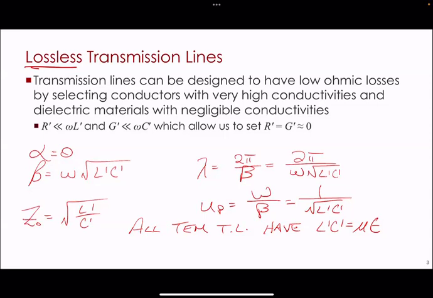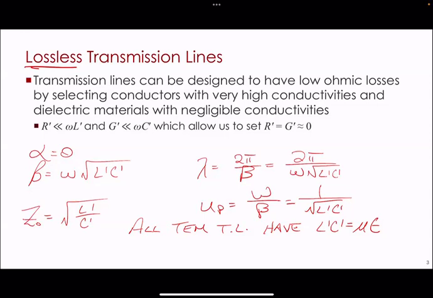What is mu? Mu is permeability, and epsilon is permittivity.